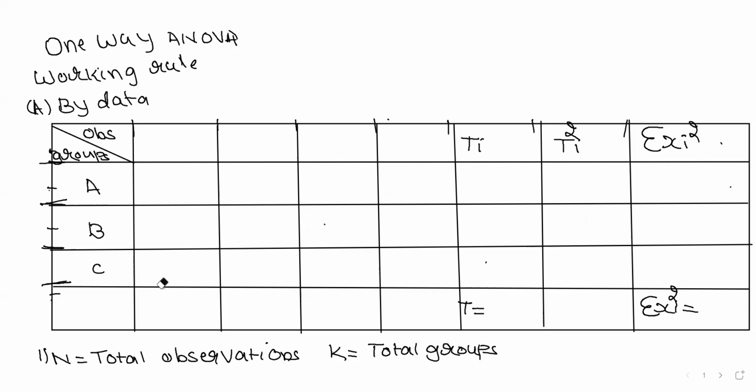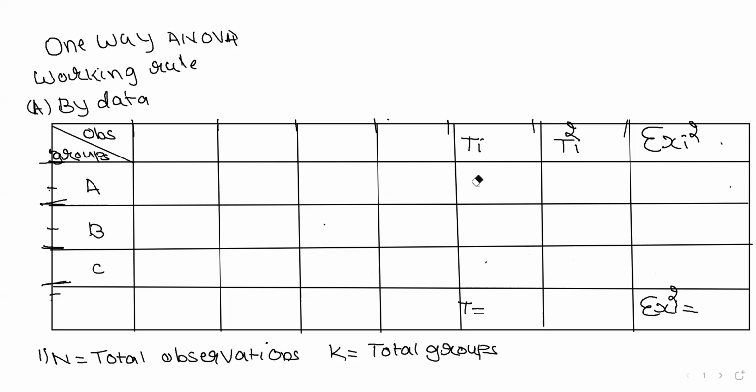Next, for the C group, this plus this plus this plus this equals the Ti value. Take the square of this Ti, that becomes Ti square. And this square plus this square plus this square plus this square, that is the summation of xi square.